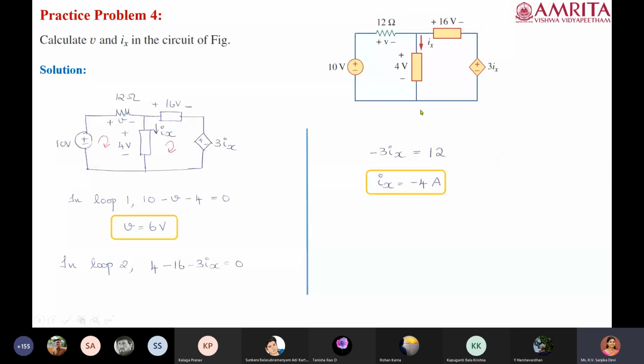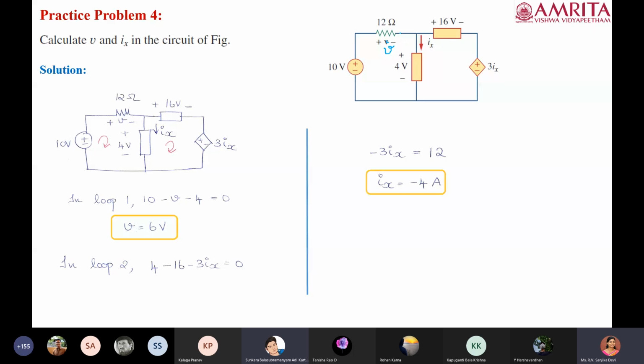So this is actually a variable V. Yeah, the unit for that will be volts, but here the 10 volt, 4 volt, whatever they have given, that V is not a variable. It is a unit for the voltage. 10 volt, 4 volt. Okay. For the current, they are not writing the units, but for the voltages, they have given the units. Whereas this V is actually the voltage drop across this 12 ohm, which we have to determine.